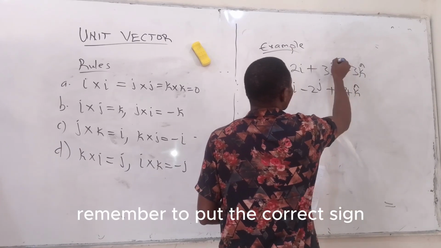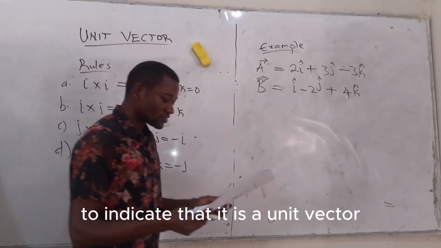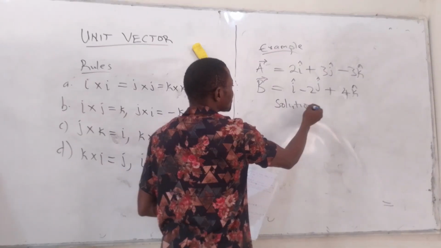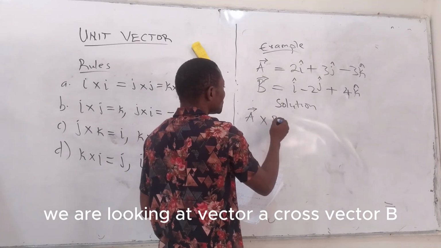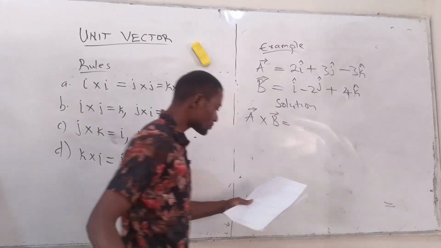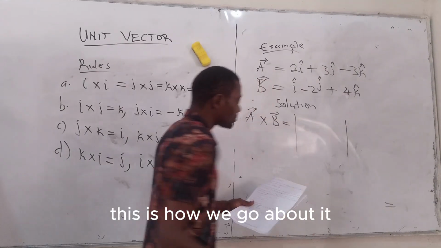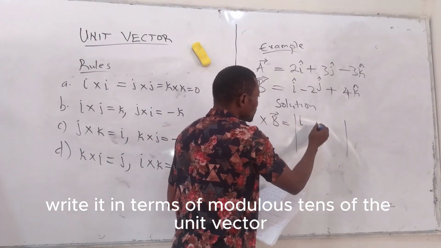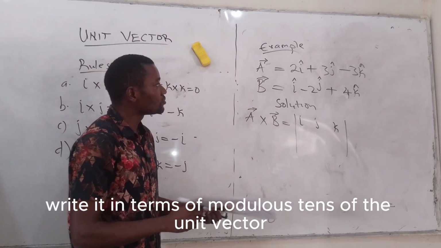Remember to put the caret sign to indicate that it is a unit vector. So solution, we are looking at vector A cross vector B. This is how we go about it. Write it in terms of the unit vectors.